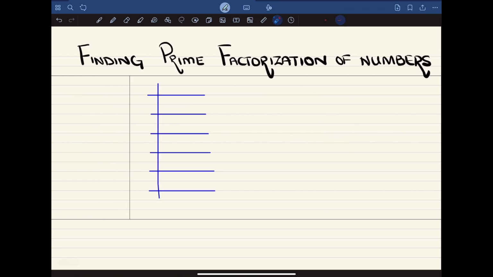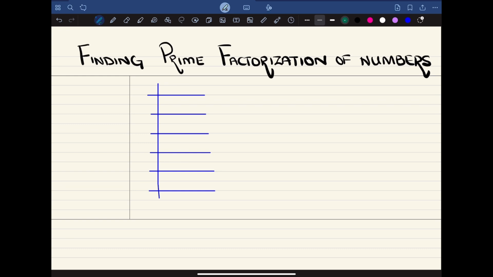Now how do we go about finding prime factors? Let's do an example. There are two methods. One is the tree method that I'm not going to touch upon, but if you're comfortable doing that, just go ahead with it. If you want me to explain how to solve prime factorization using the tree method, just drop a comment and I will get back to you.